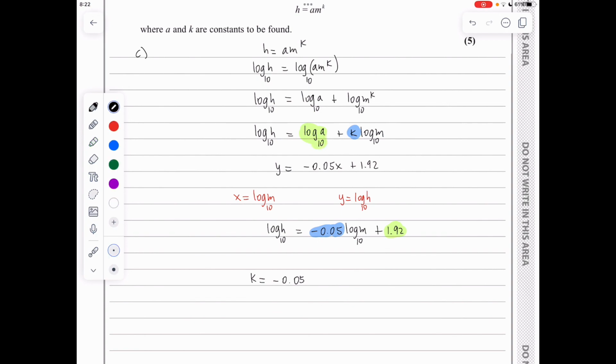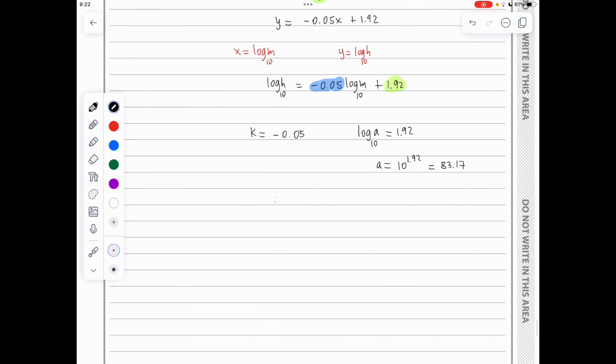So log of A base 10 is 1.92, which means that A is 10 to the 1.92, and this turns out to be 83.17. All I'm missing is for me to write down the full equation. So we have that H is 83.17, M to the -0.05.